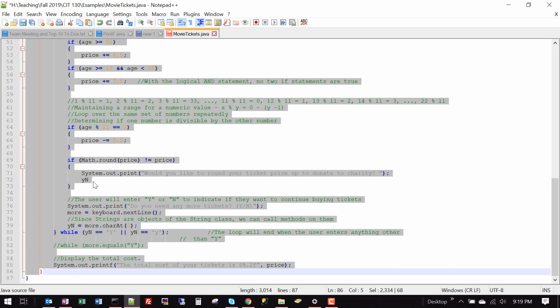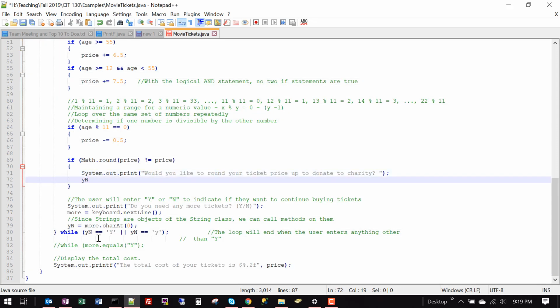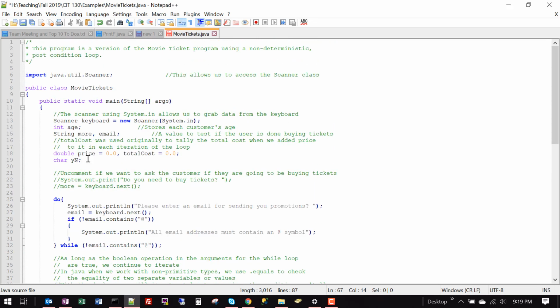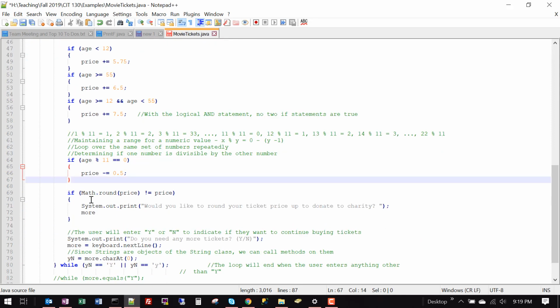So the part that I'm working on right here is in scope. So what I can do is I can assign it a value. It will get replaced down below here. Whoops, I want to put more, not yes, no, but if I pull up, you'll see more and yes, no essentially have the same scope.